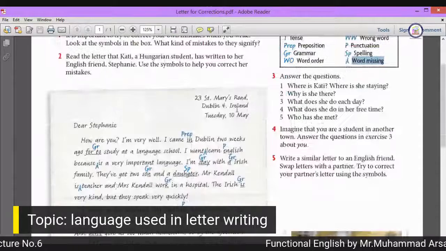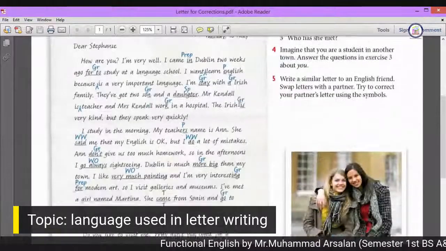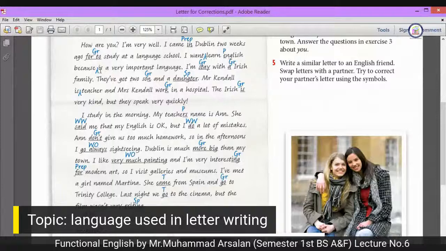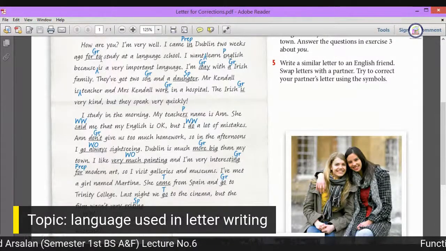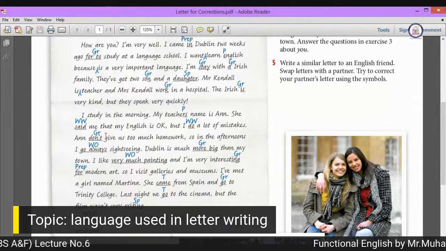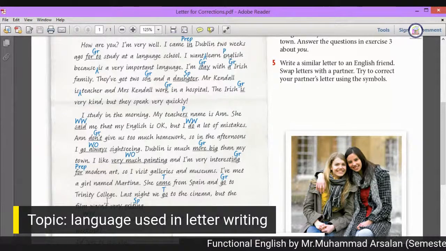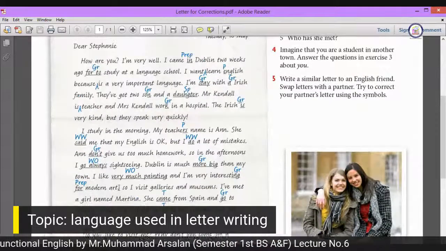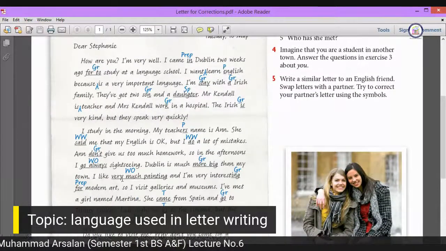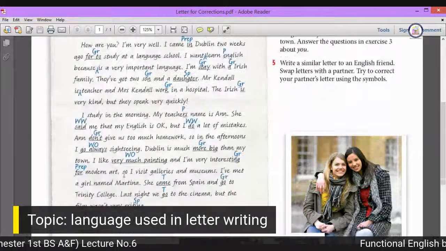Okay, here we go. You can write in a comment the first line, second line, third line, up to 16 lines. So according to the line number, you can point out the mistakes. If you can correct it, then I'll give you the answer.